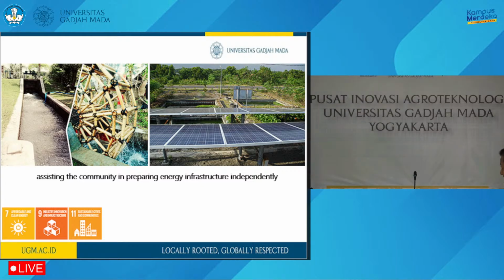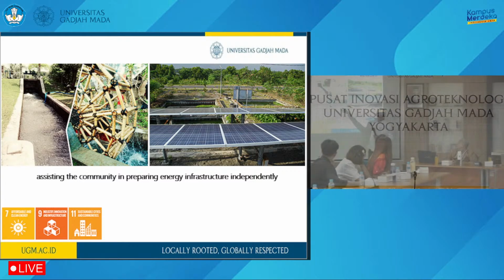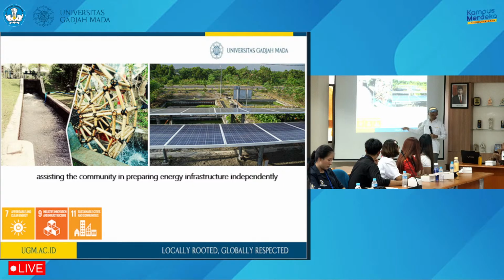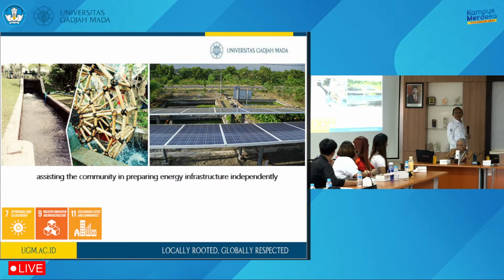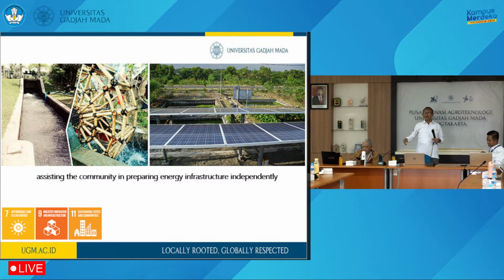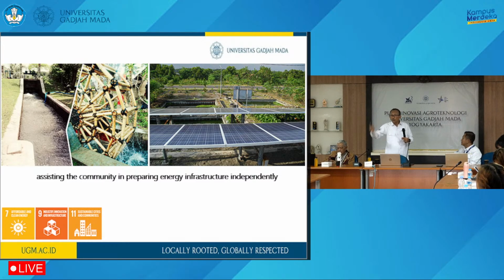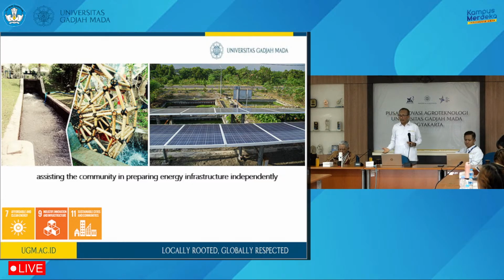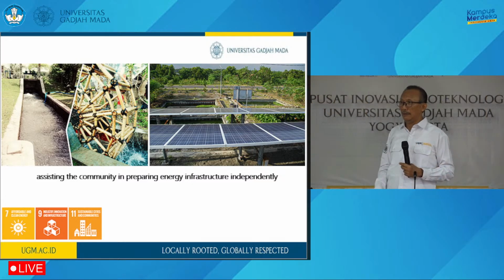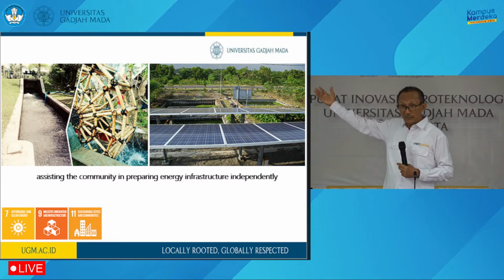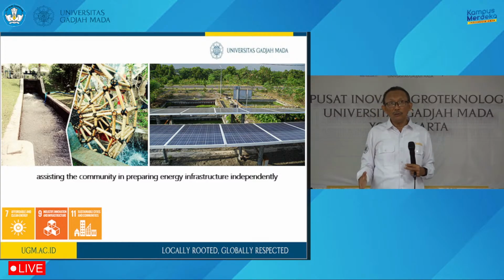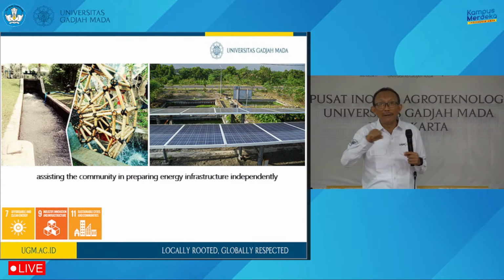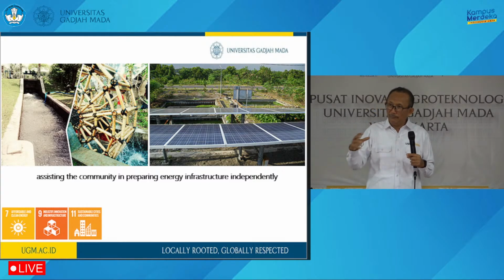This is an electric generator run by water, a micro hydro. They use bamboo. Taught by the students, they use this small river to run the electric generating system. Then solar cells were introduced to the people. Not only introducing, but also teaching them how to manage it, how to make the working time longer.